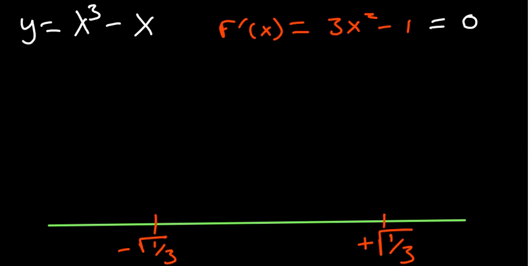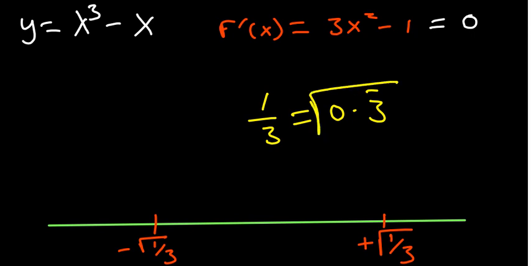To make things easier for yourself, 1 over 3 is the same as 0.3 recurring. So if you look at the square root of that, what do you expect? It's obviously going to be a value less than 1.